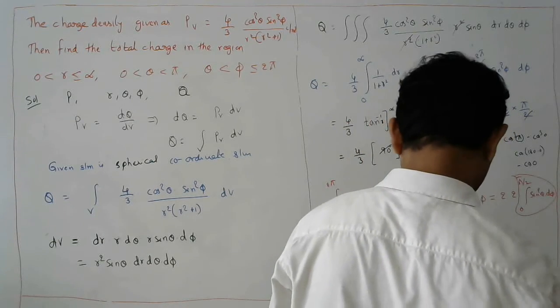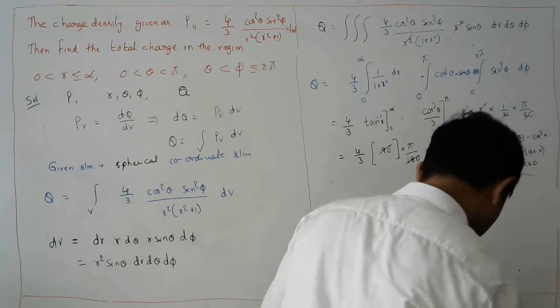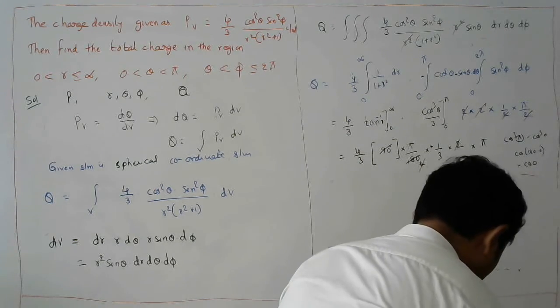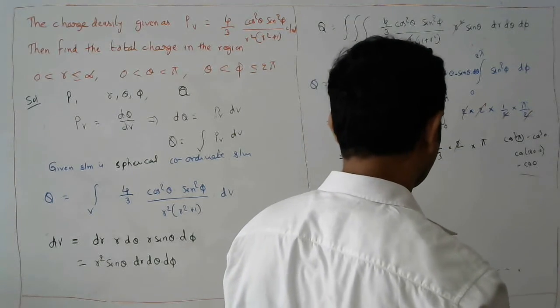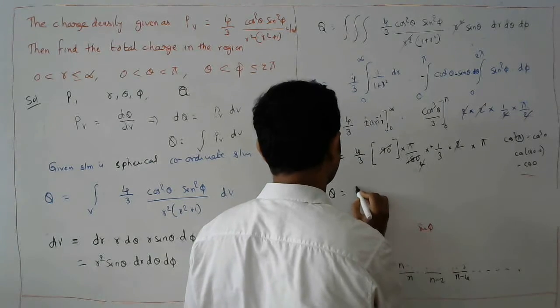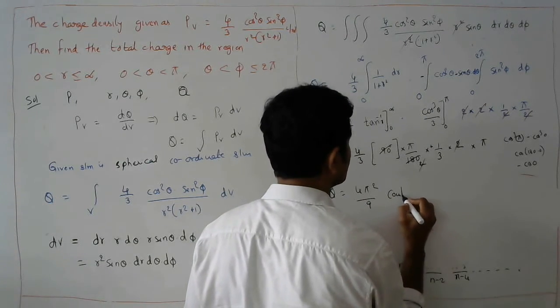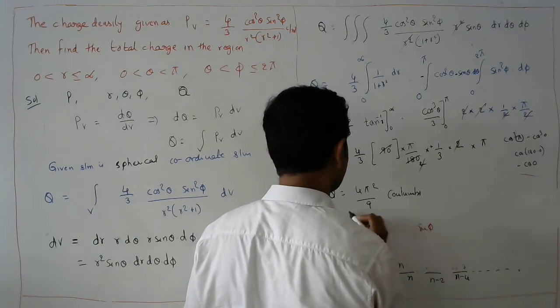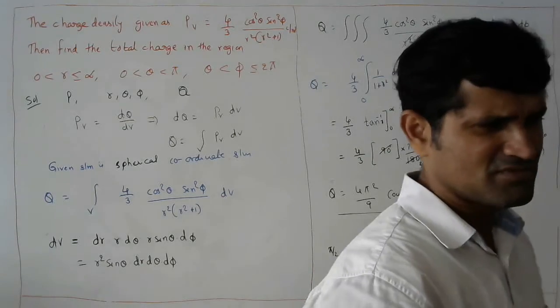So finally you can get the magnitude of the total charge as 4 pi square by 9. Q is equal to 4 pi square by 9 coulombs. This is the procedure to solve this type of problems.